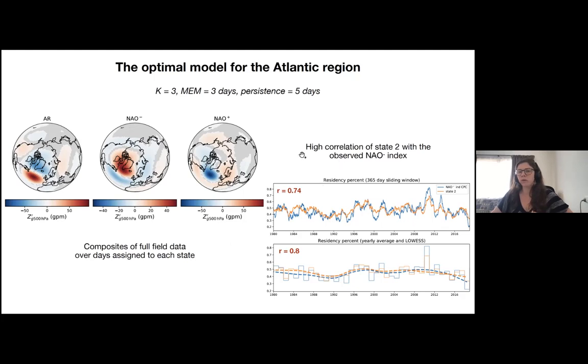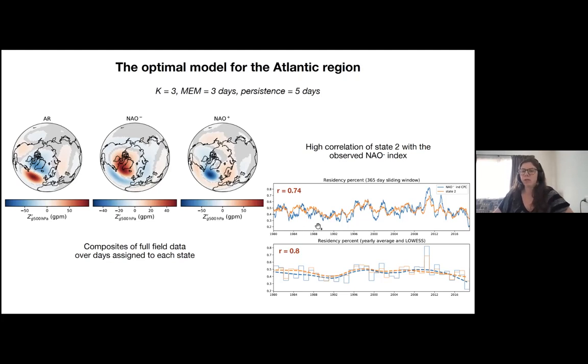The other thing that we did to verify that this is giving us a believable fit is that we looked at the observed NAO minus index. This is something that's tracked a lot. It's basically a point-to-point index where they look at the difference between pressure fields in Greenland and, I think, the pressure fields down in the Azores, an island in the Atlantic, I'm pretty sure.